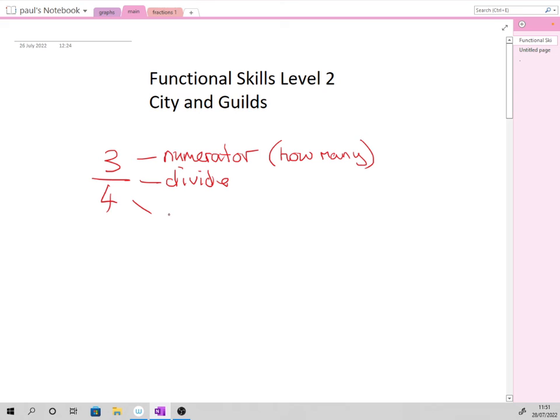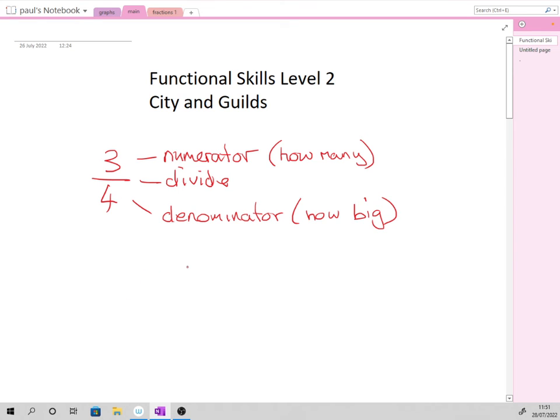And this number here is the denominator, and this decides how big the fraction is. So we've got 3 of them, and they are quarters. How big? They are quarters.